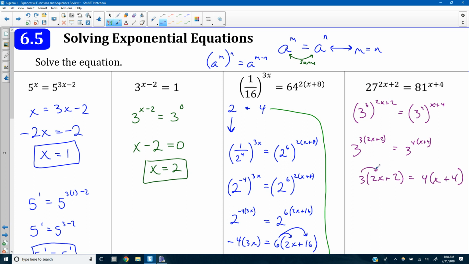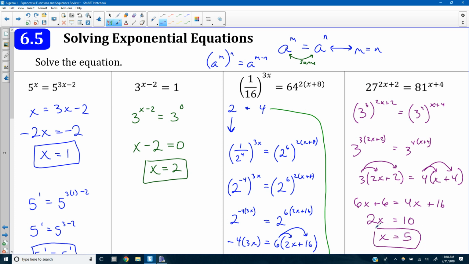Distribute. 3 times 2x is 6x, 3 times 2 is 6, so 6x plus 6 equals distribute. 4 times x is 4x, 4 times 4 is 16. Subtract 4x from both sides, subtract 6 from both sides, 2x equals 10, divide by 2, x equals 5.